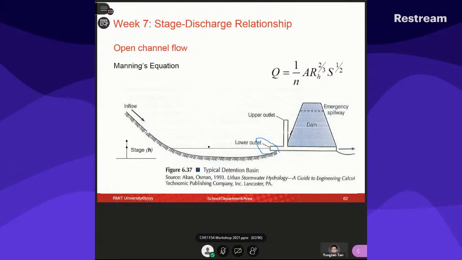I already mentioned that it's not dimensionless, this Manning's roughness coefficient has a unit. R is the hydraulic radius, which means the cross-section area of the water over the wetted perimeter. S is the slope of the channel or gutter.